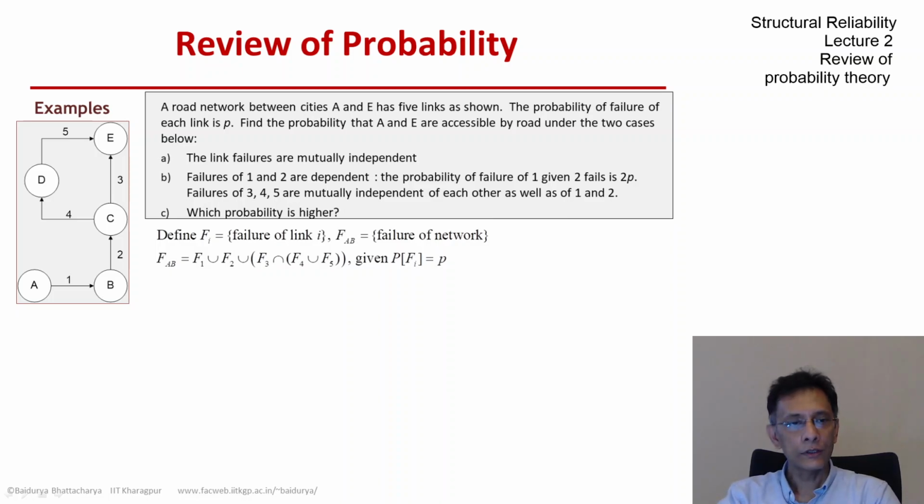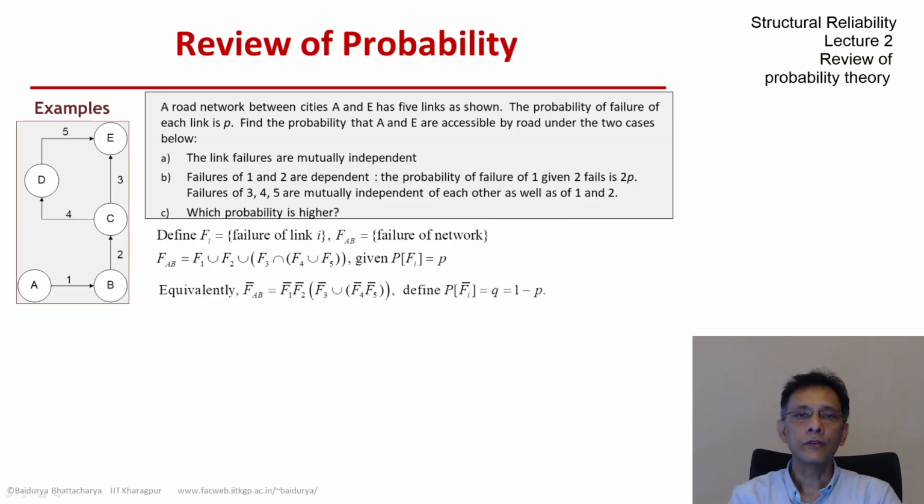We can also define the complement, the success event, Fab bar, in terms of the link successes. So the roads are open to travel. Let's look at Fab bar. For that to happen, link 1 must be good, the road must be open.